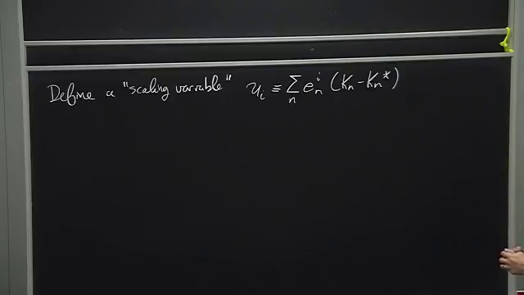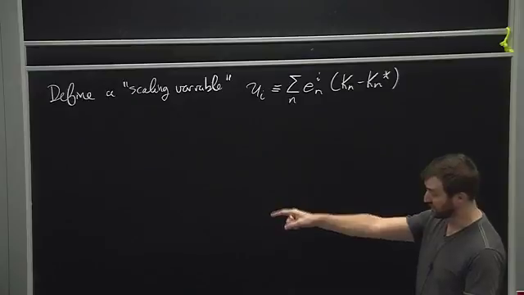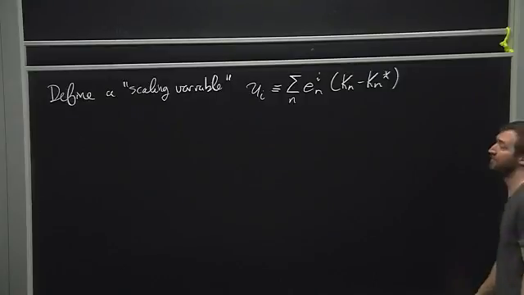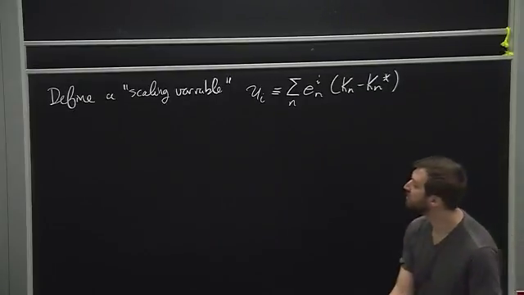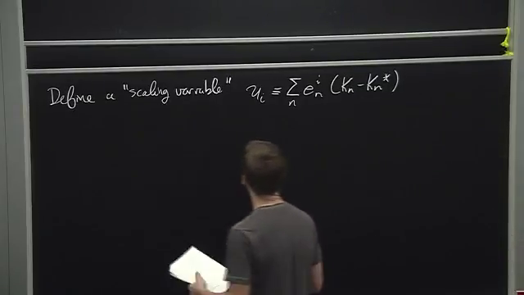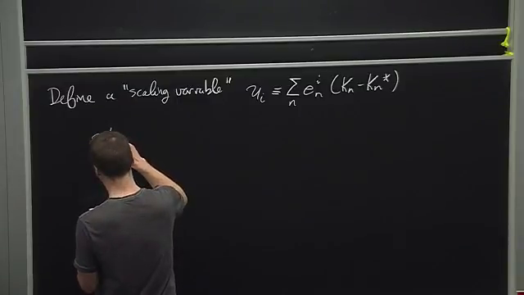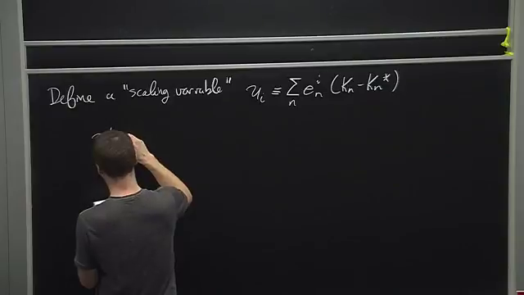Then what we can do is relate the scaling variables, using the eigenequation over there, to the scaling dimension of the various K. So let me perform one RG step.